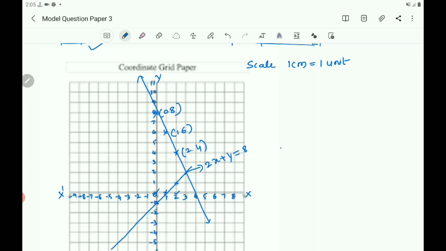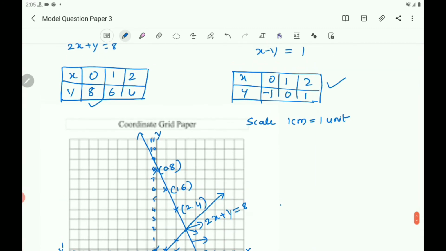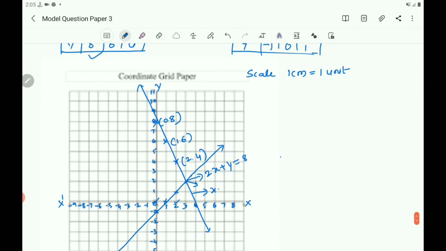You will get a straight line which intersects the previous straight line at a point, this point. Then what is the coordinates of this point? You know that this is the straight line of the equation x minus y equals 1, and both the straight lines meet at a point.